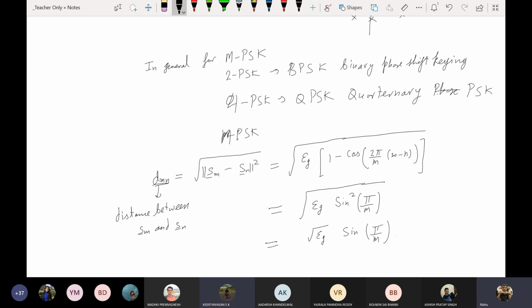Okay. So this should be D-min, because this is for m minus n equal to 1, or this is for nearest neighbors. Fine. Yes, excellent.